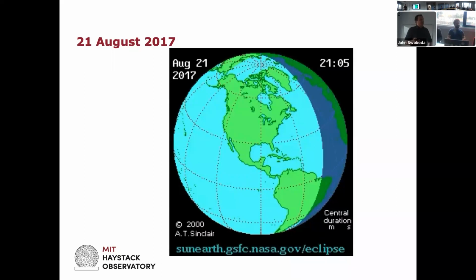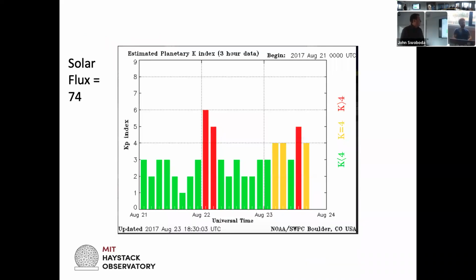Now when we're dealing with this sort of experiment, we want to understand what the other factors are. So the first thing you're going to want to do is look at the KP index. The KP was relatively good on August 21st. It was a lower KP. Right after that, you had a big jump in the KP index.